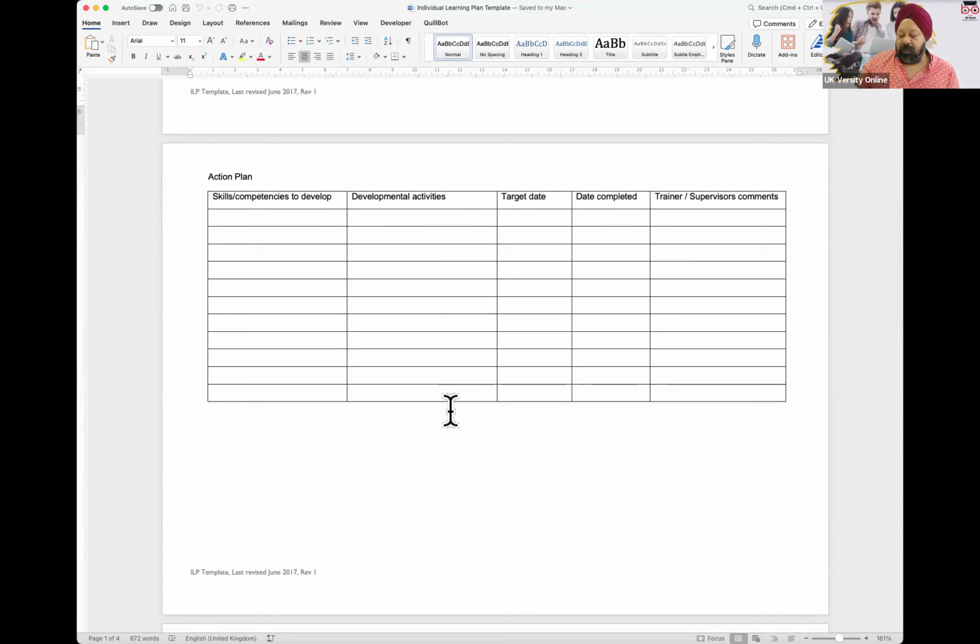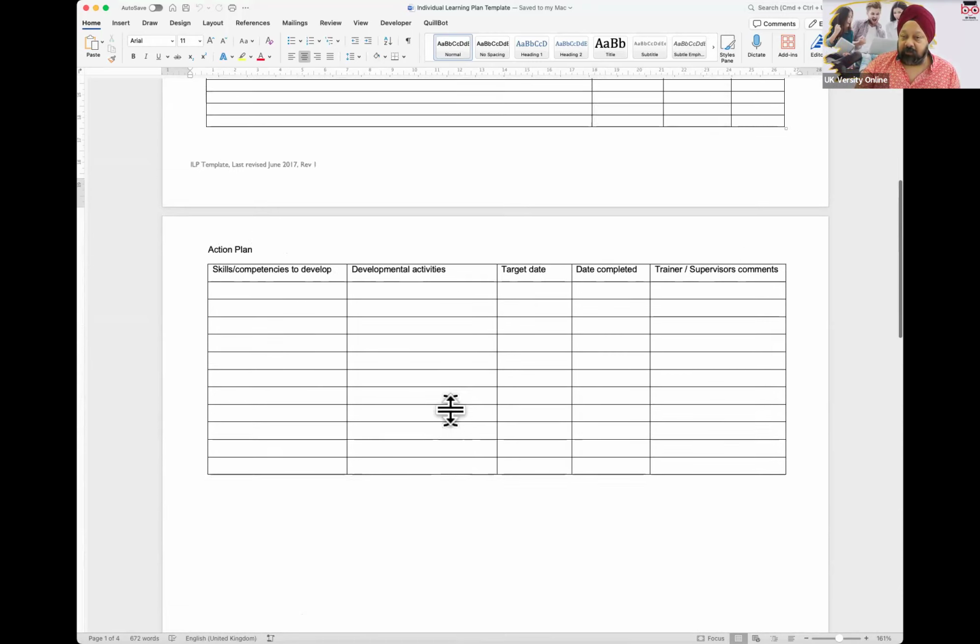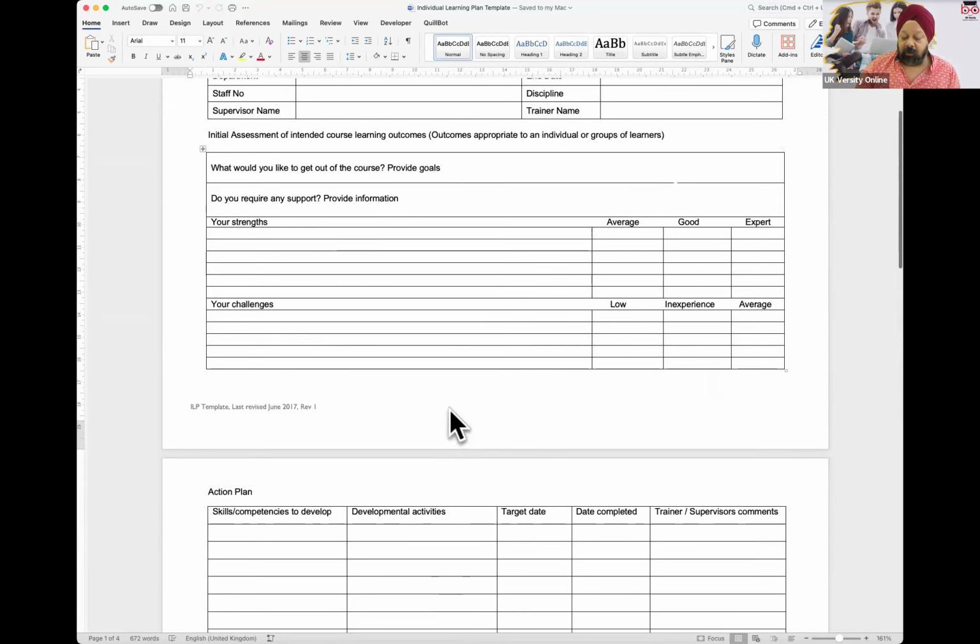For example, as I mentioned at the start of the session, if I find my learners being weak on Harvard referencing, there would be an activity that I would put into this plan to refine and pick up their referencing skills. I'll say you need to go through a presentation of Harvard referencing.